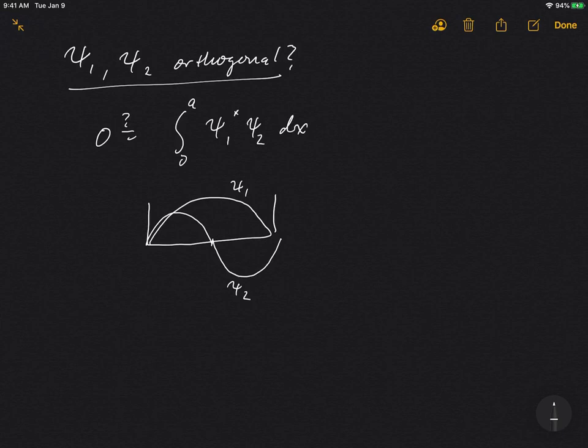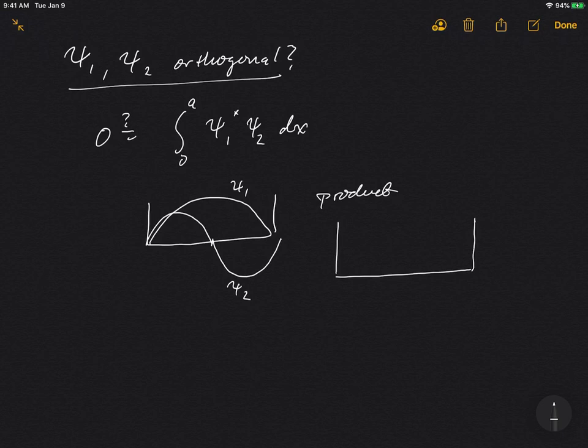Wherever both of the functions are positive, the product is going to be positive. Wherever either of the functions is 0, the product is going to be 0, and the product of a positive and a negative function is going to be negative, right? And the product of a negative and a negative function would be positive.